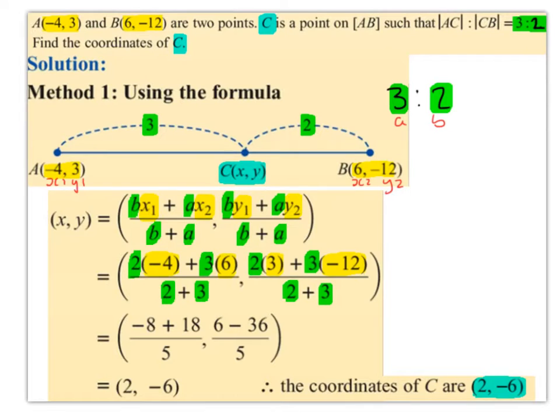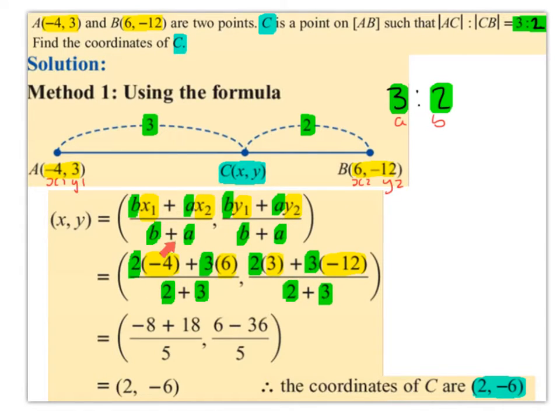So we use the formula that we saw on the last slide. We swap the b for 2, the x1 for minus 4, the a for 3, the x2 for 6, the b for 2, and the a for 3. Then we have a comma. We swap the b for 2, the y1 for 3, the a for 3, the y2 for minus 12, the b for 2, the a for 3.